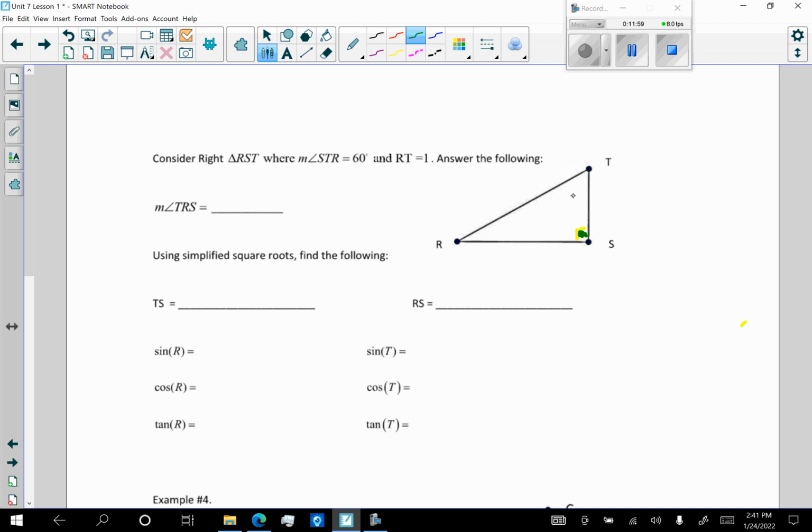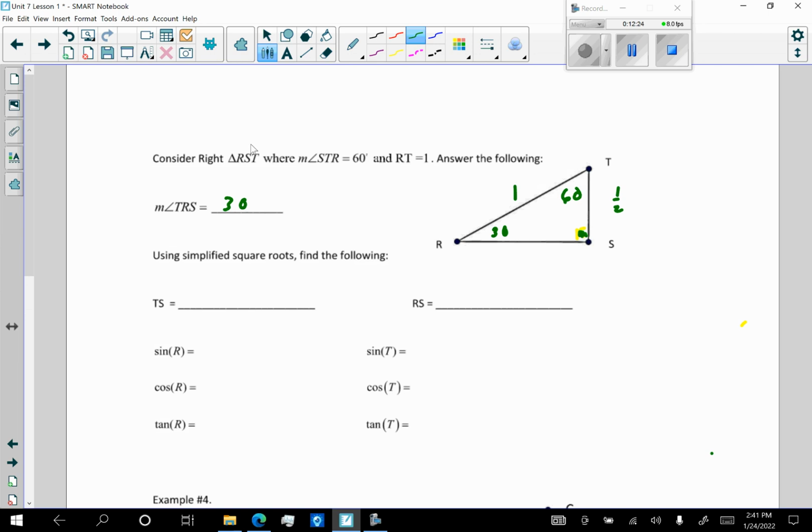Where RTS is 60, yeah. Therefore, this guy is going to be 30. RT is equal to 1. TS is certainly going to be 1/2 because this is a 30, 60, 90 right triangle. Short leg is 1/2 the hypotenuse. TRS is going to be 30.